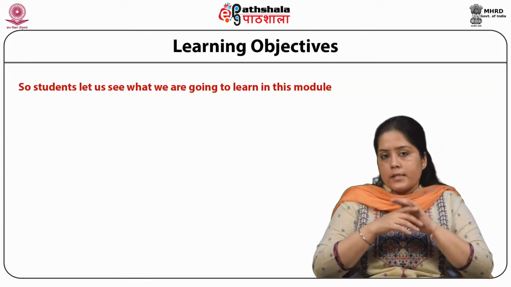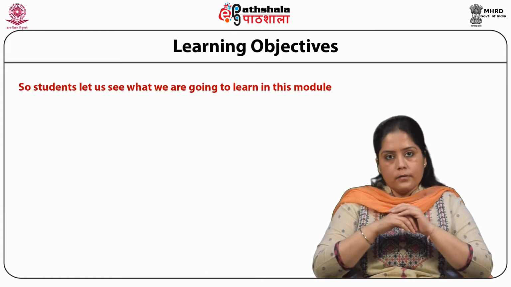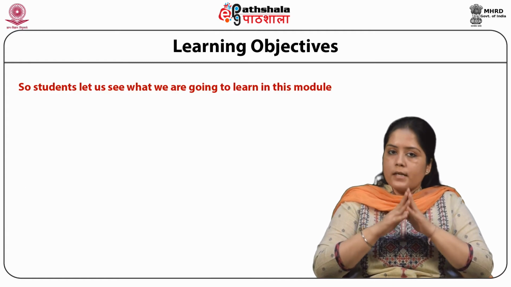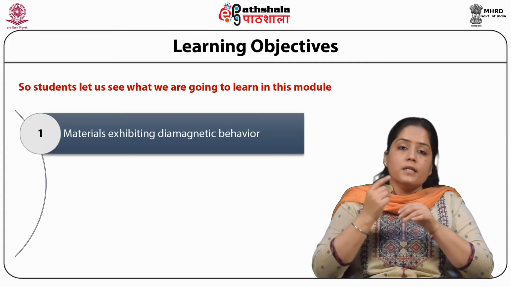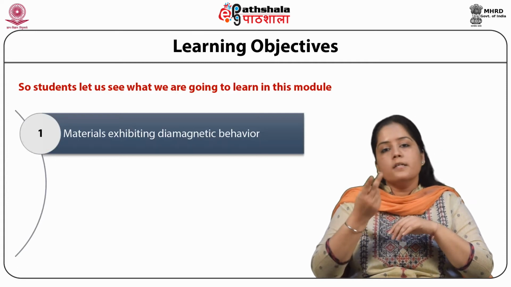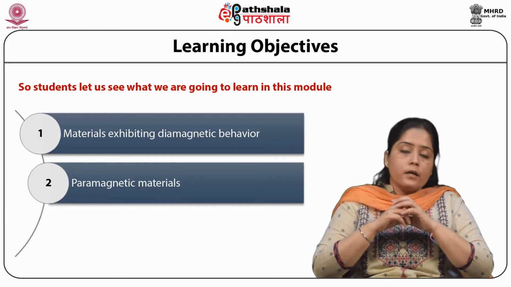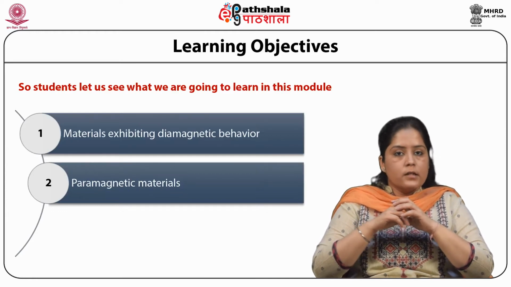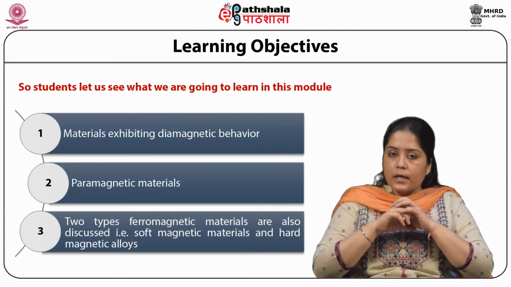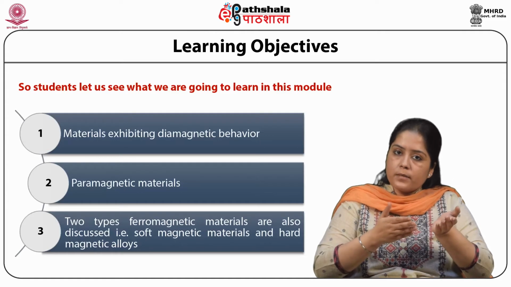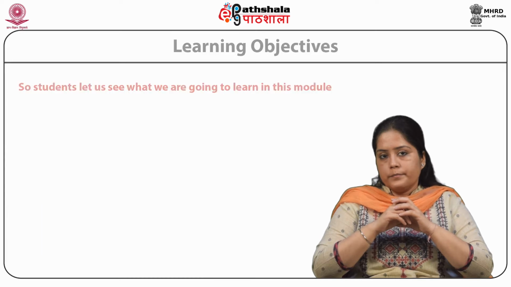The main points which will be covered in this module are: we will be discussing the materials exhibiting diamagnetic and paramagnetic behavior. Here we will be discussing two types of ferromagnetic materials, that is soft magnetic materials and hard magnetic materials.